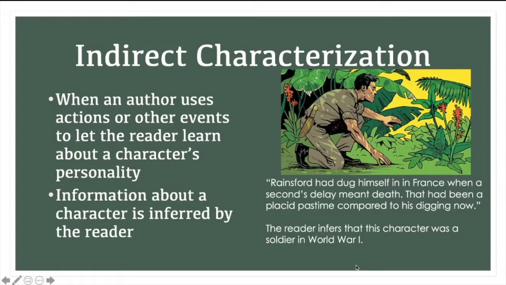Well, you have to have some background information, which we'll talk about later on in this video lesson, but that talks about a soldier fighting in World War I had to dig in at France to fight in the trenches of World War I. And so here it's implied to us, it's inferred to us that this character Rainsford had to have been a soldier. And so since he's a soldier, we can assume that he was skilled in combat, and so he knows how to survive. And so we kind of get all that without the author directly telling us, and that's why it's indirect characterization.